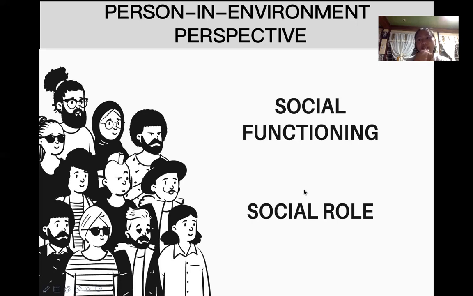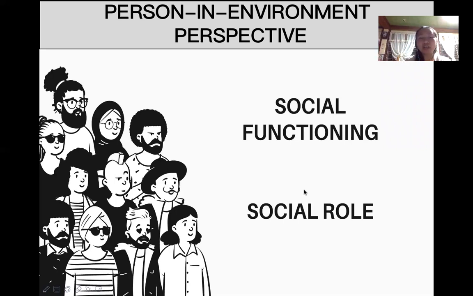Very much related to this is the concept of social functioning and social role. When we say social functioning, it actually refers to the interaction between two forces: the capacity of the person and the demand expected from that person.